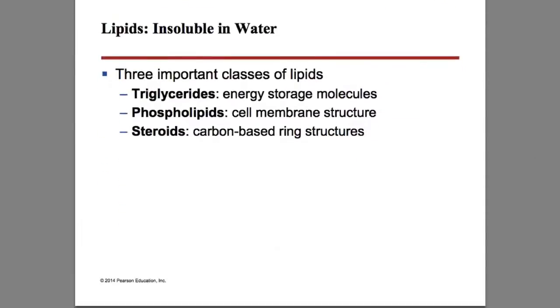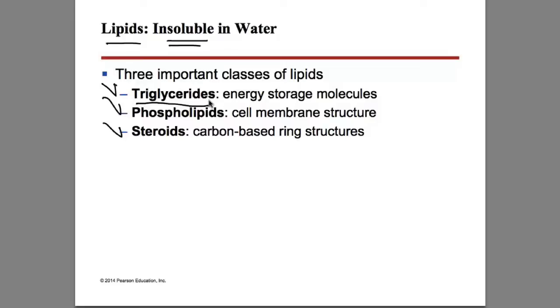The next category of organic compounds that we should consider are the lipids. And these are nonpolar compounds and are therefore highly insoluble in water. And there's three major types that you should know: the triglycerides, the phospholipids, and the steroids.